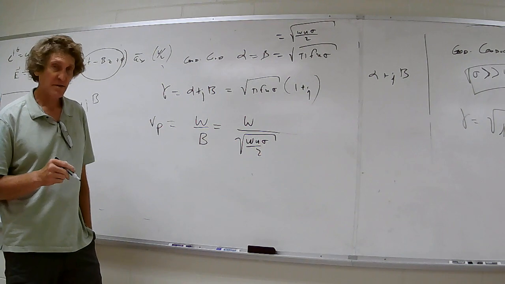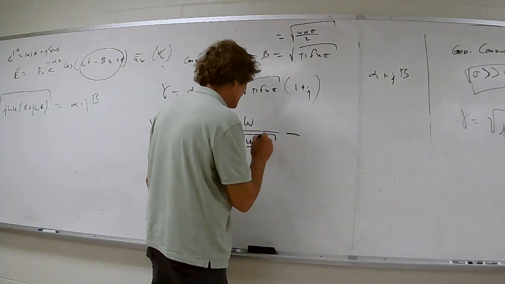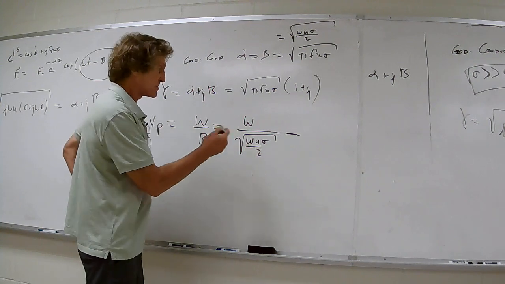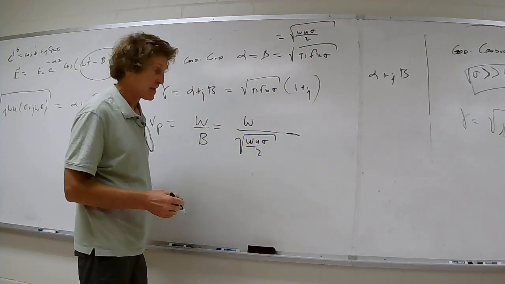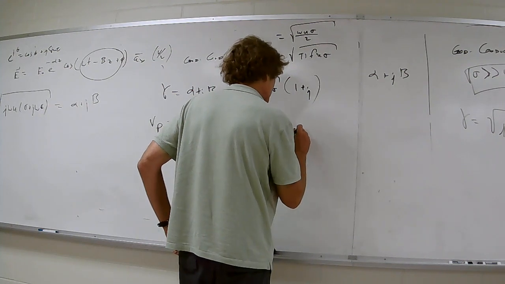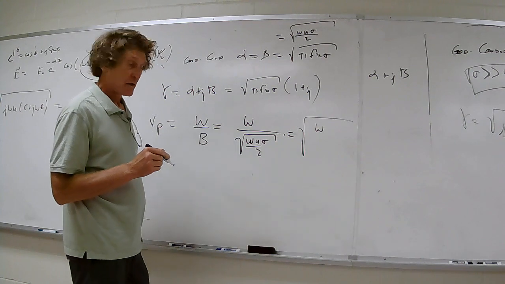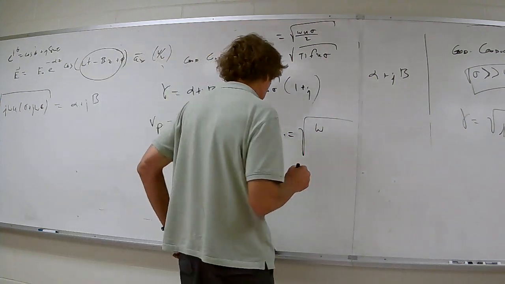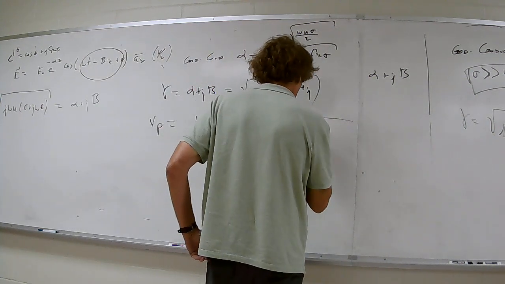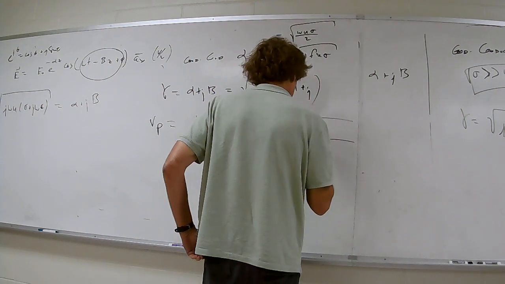So, all of a sudden things are getting interesting. How can you manipulate this? Well, this is really omega mu sigma over 2 to the 1/2 power, right? What does this become? Isn't that equal to the square root of omega divided by mu sigma times 2?